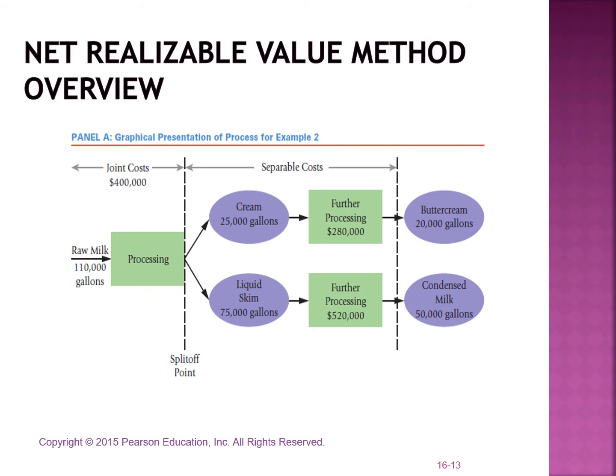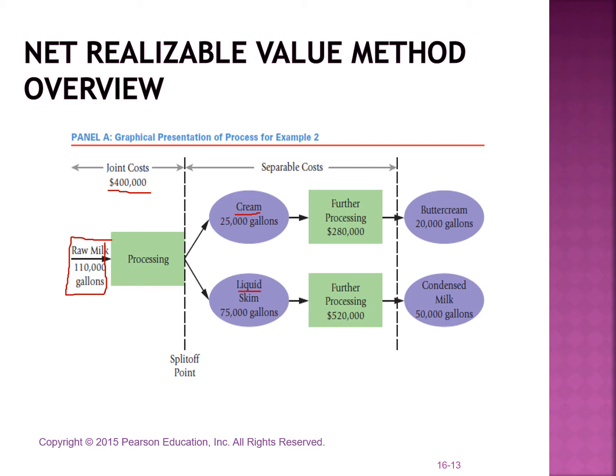The net realizable value method, as we said, we start as always with the main raw materials that we are using. Then some processing will be made. Joint costs have been incurred. At the split-off point, it separates into two main products, cream and liquid skim. And the production manager was not satisfied with only two main products.